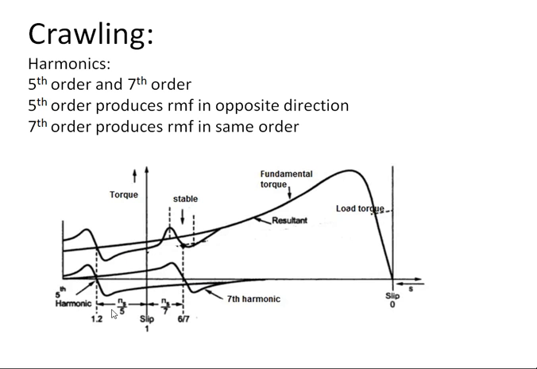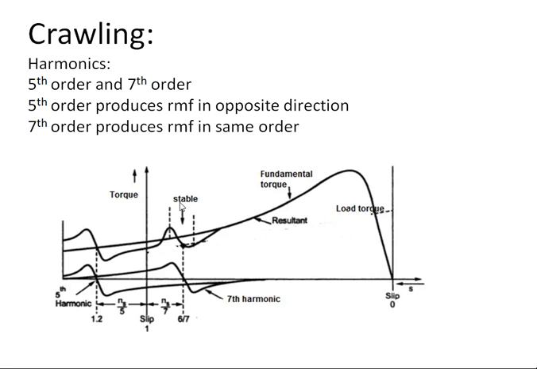Now the fifth order harmonics, since it is in the opposite direction, will tend to reduce the overall torque, but the seventh order harmonics is of more importance here, because if you see, the resultant torque will have a dip here.